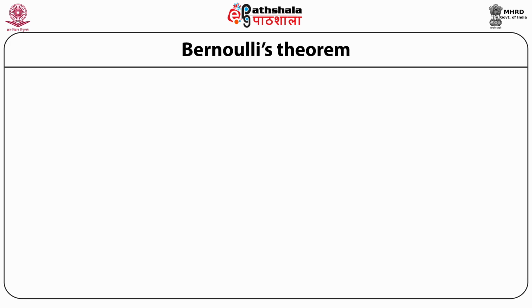What it says is that the net energy of the fluid in motion is the same everywhere, meaning at every point inside the fluid flowing through a container or tube or on some surface, the net energy of the fluid remains the same. So what kinds of energies can the fluid have when it is flowing?